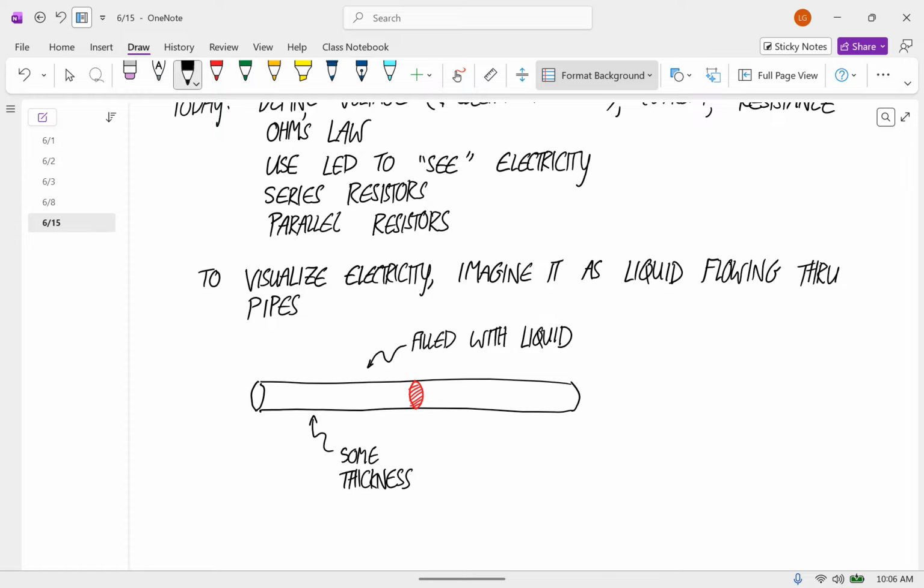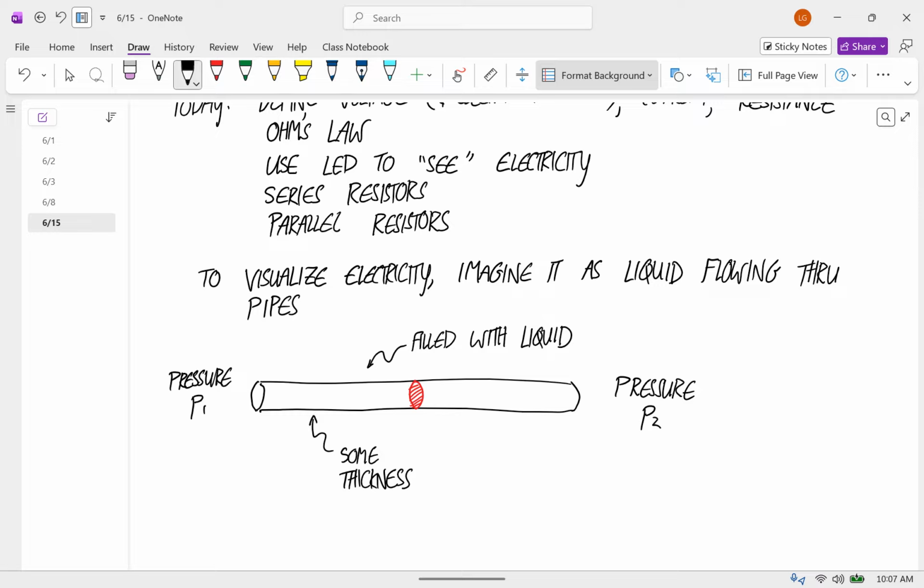And there are different pressures on the two ends of the pipe. So let's say at this end we have a pressure P1, and at this end we have a pressure P2. Now pressure can do a lot of things, and it's not always a difference in pressure that matters. Sometimes the true pressure at a single point affects what's around it.